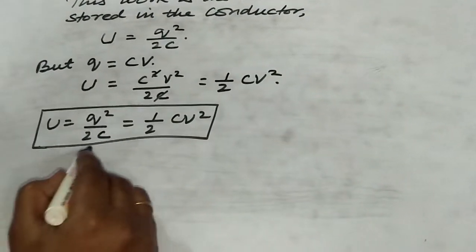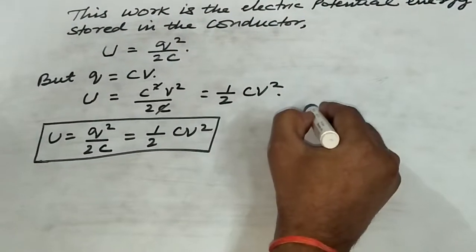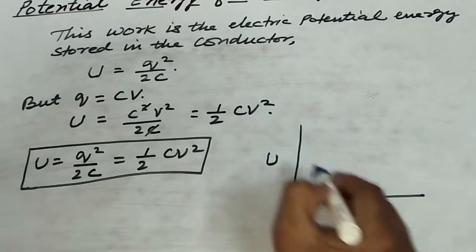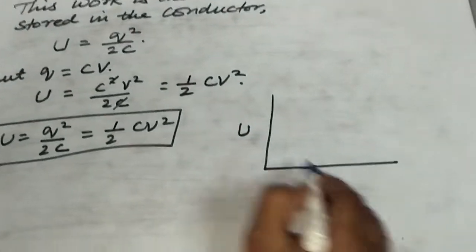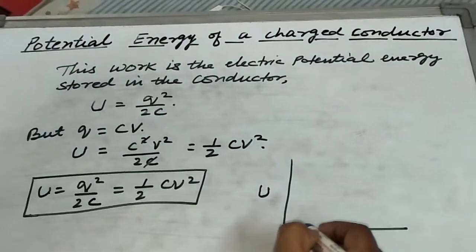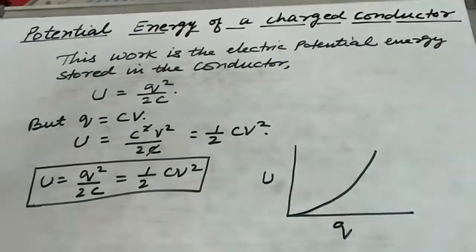When you draw a graph between electric potential energy U and Q, here U is directly proportional to Q square, so the nature of the graph comes like this.